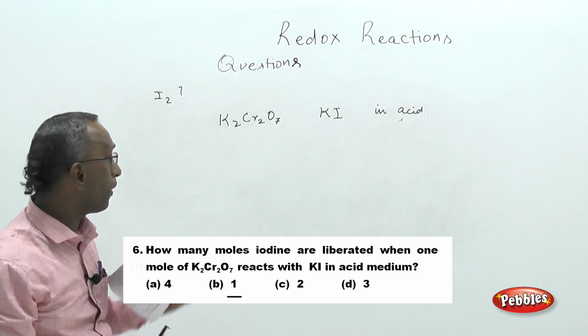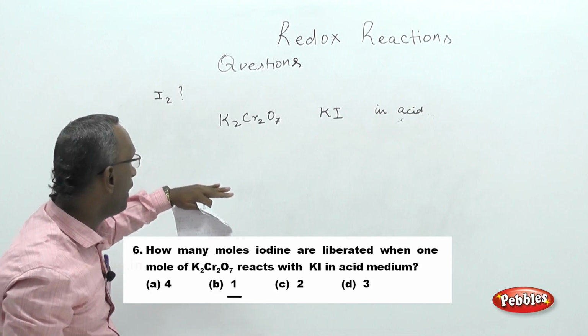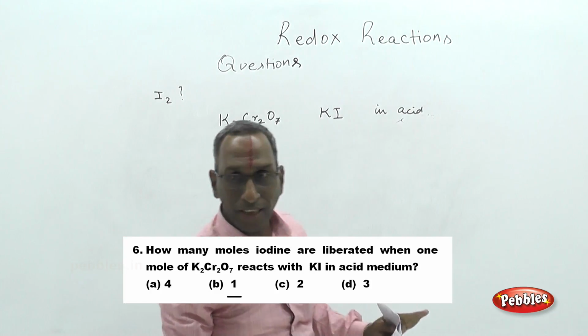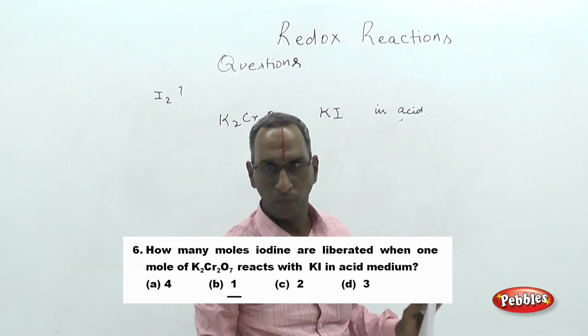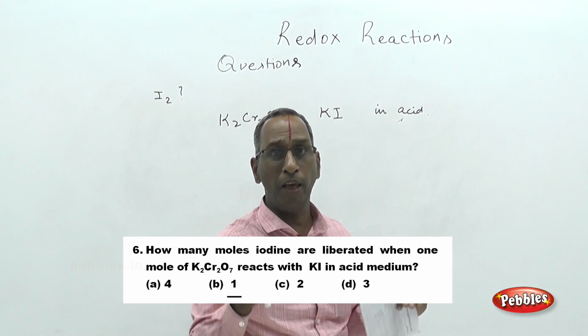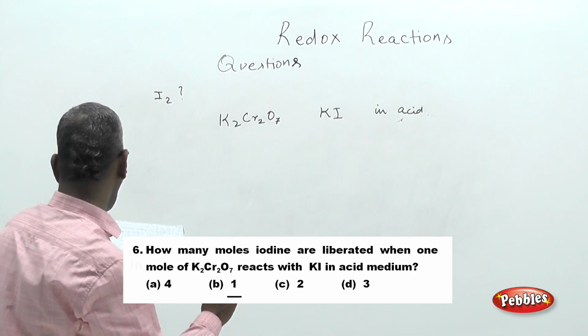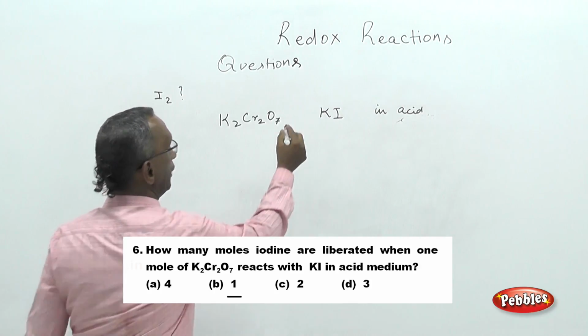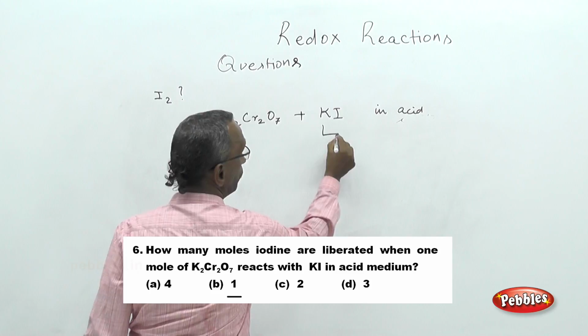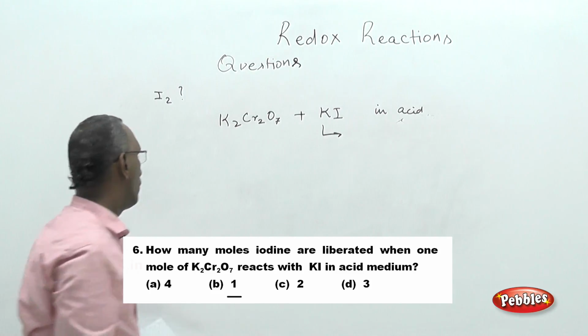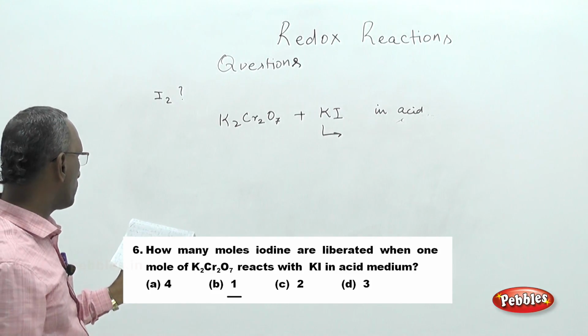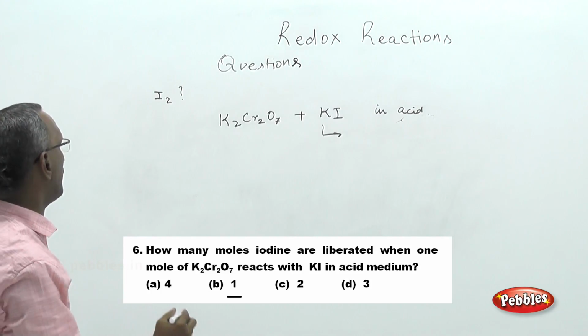From this they have given the possible reactants and products. We have to arrive at the correct redox equation. K2Cr2O7 reacts with KI. How many moles of iodine are liberated?